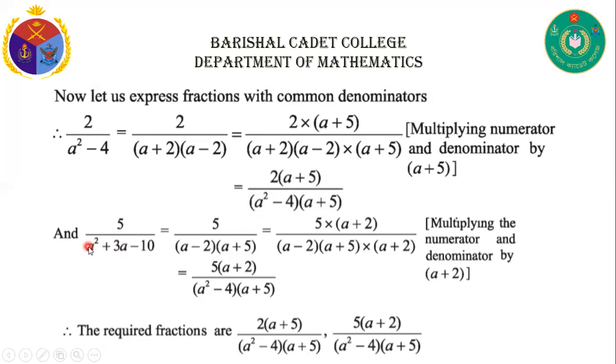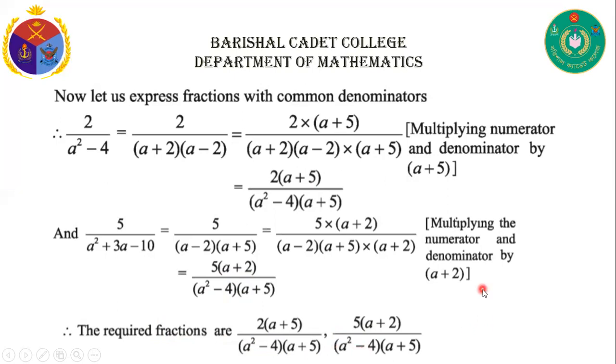The second fraction is 5 divided by a squared plus 3a minus 10, which we write as 5 by a minus 2 into a plus 5. We multiply by a plus 2, giving 5 into a plus 2 divided by a squared minus 4 into a plus 5. So our required fractions are 2 into a plus 5 divided by a squared minus 4 into a plus 5, and 5 into a plus 2 divided by a squared minus 4 into a plus 5.